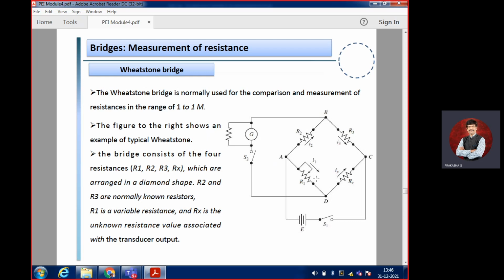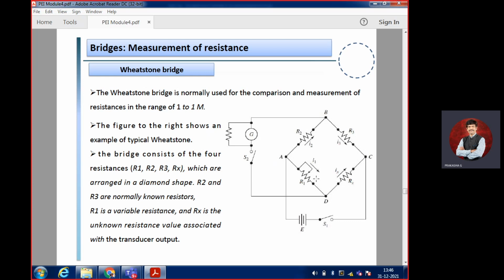We are going to give a low power supply of 2 volts or 3 volts or 4 volts, because the resistance we are using is a small resistance only. We give the minimum voltage, either 2 or 3 or 4, because it has to sustain that voltage. So the bridge consists of the 4 resistors R1, R2, R3, Rx.